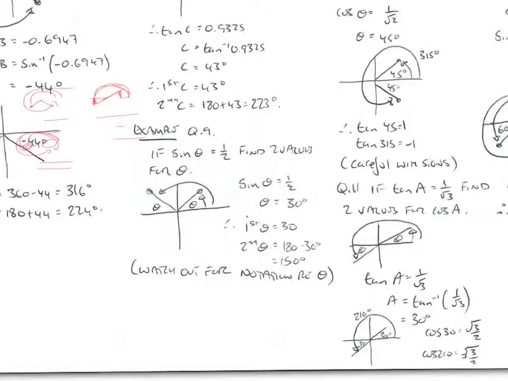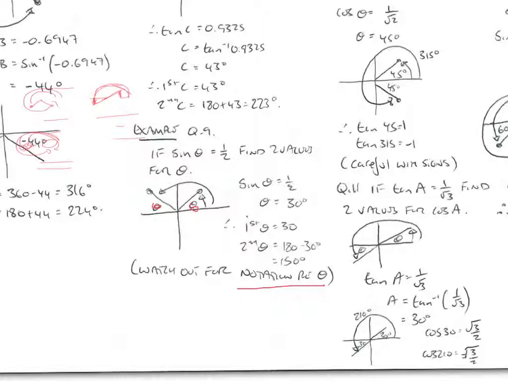If sine theta equals a half, find two values for theta. Now just be careful here, watch out for the notation with theta, because before we've had if sine A equals a half, find two values for A, because we like to reserve theta as our reference angle in these problems. So we'll just keep that in mind.